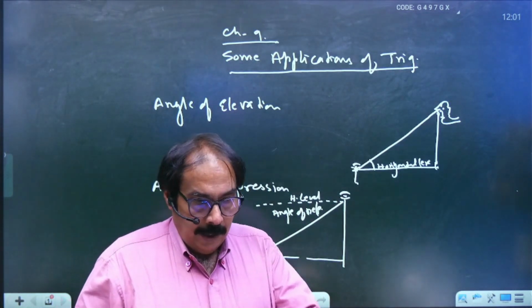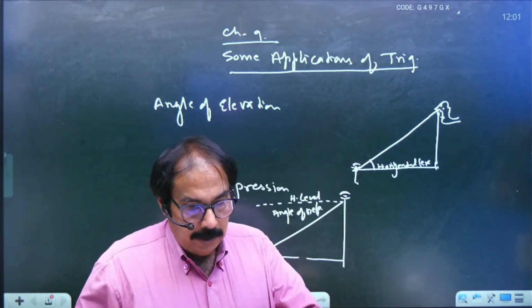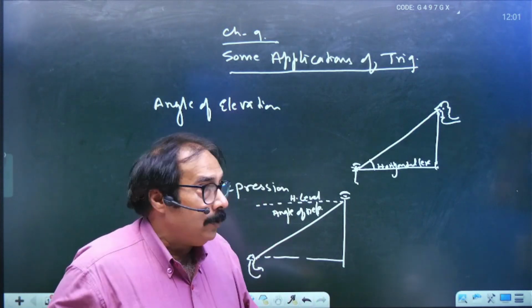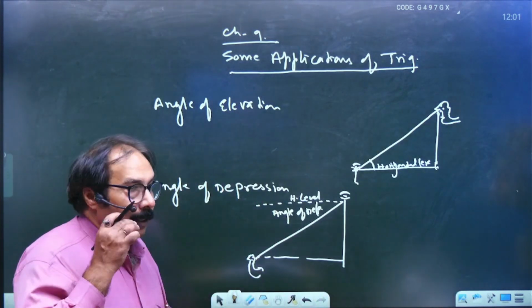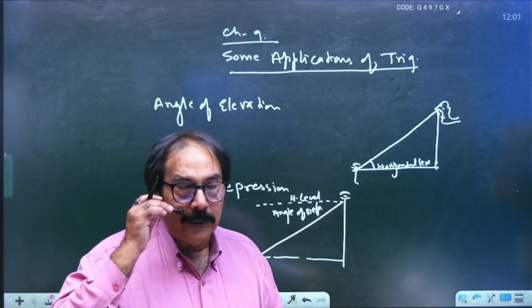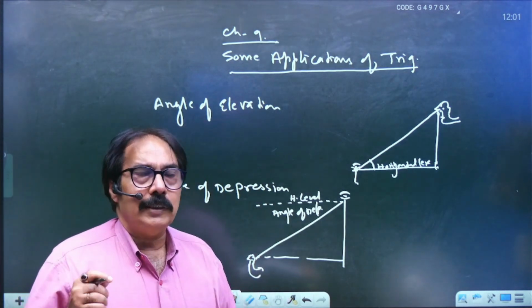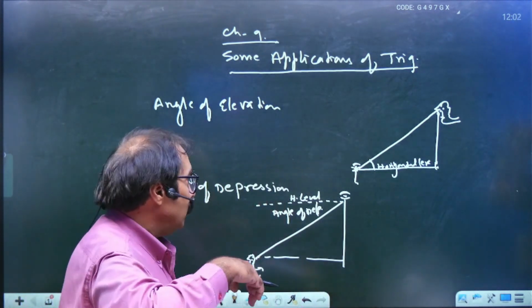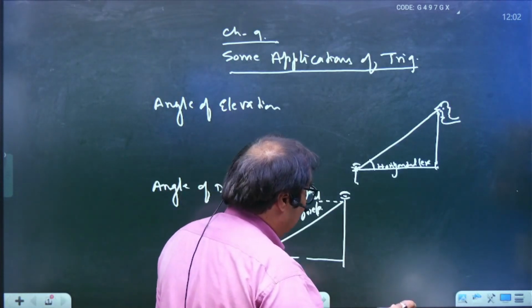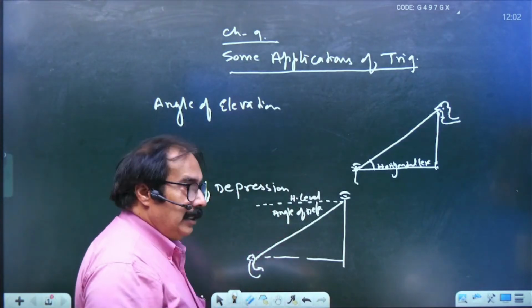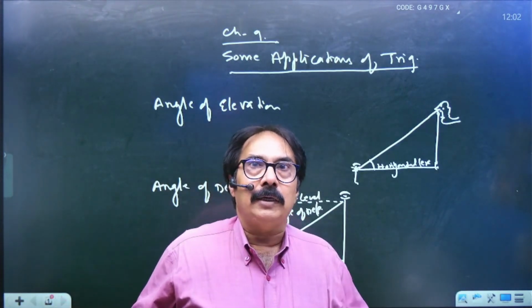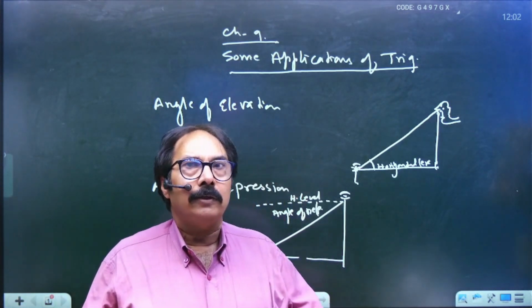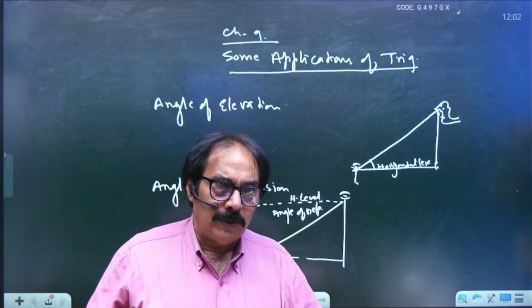In the MCQ, one question may be asked: in the application of trigonometry, which trigonometrical ratios are generally used? In general, we use tangent or cotangent.